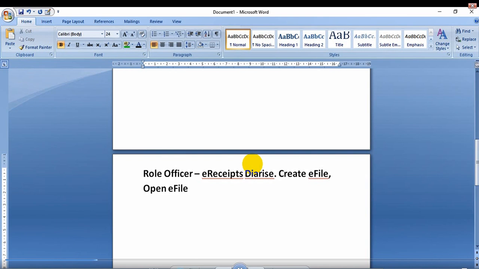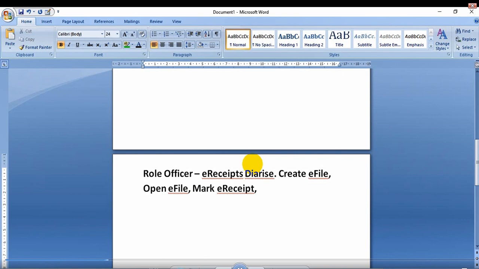In addition to this, he can do marking of e-receipts. Marking you know very well, like in our office also letters get marked to any of the employees or any of the sections of the office. So role officer can mark the e-receipts, and also he can send the e-receipt to someone.